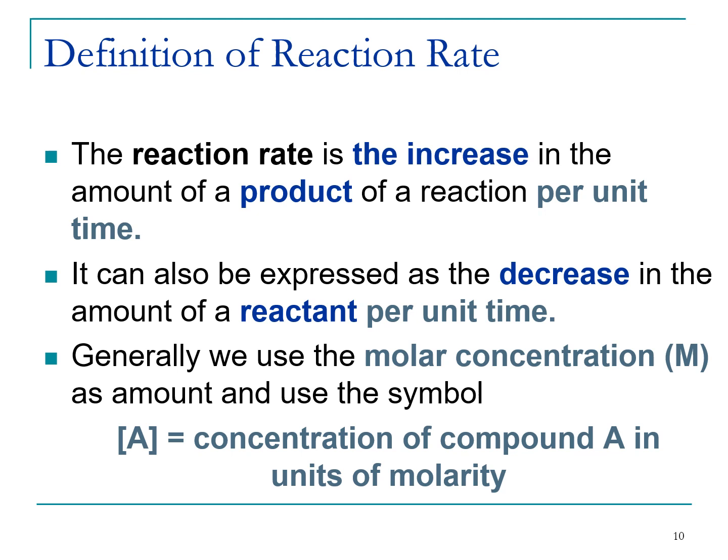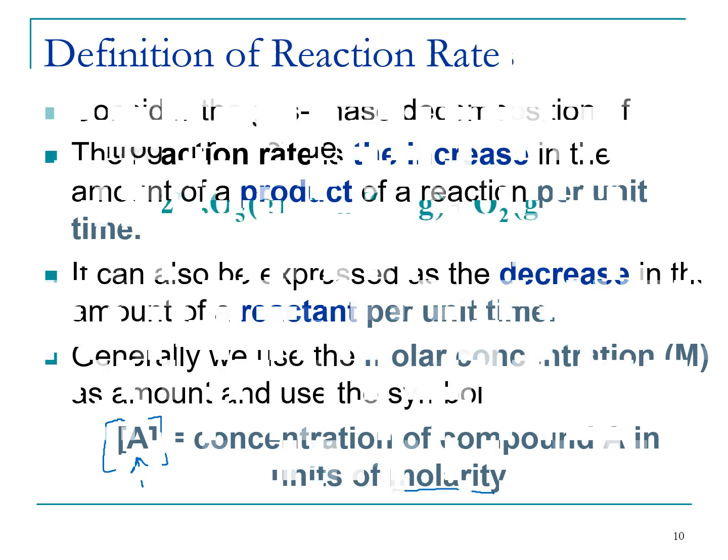Going forward, if you see a compound written inside brackets, what that means is that this is the concentration in molarity. So we often use these brackets as an indication that we're talking molarity. I think you can use other concentrations, but for this course and this chapter, we'll talk about molarity.